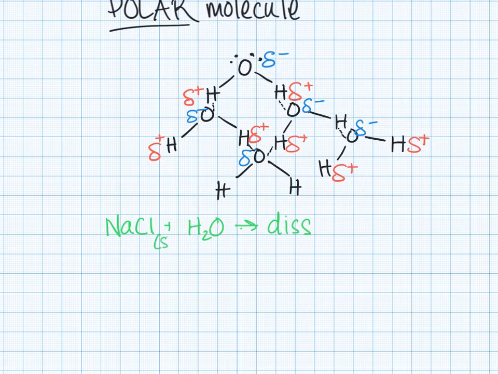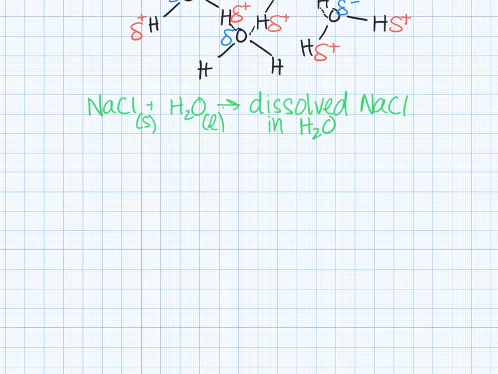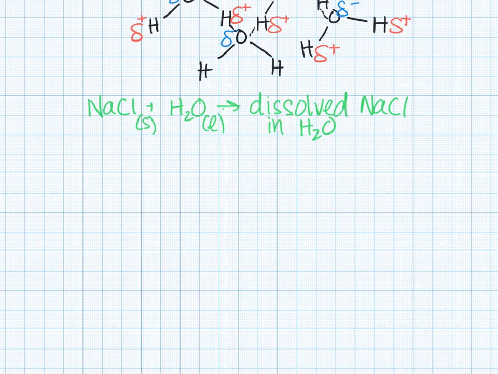So if I start with solid, and I have liquid water, and then I have dissolved sodium chloride in water. How does that happen? Well, let's look back at a water molecule and again draw its partial positive end and partial negative end.